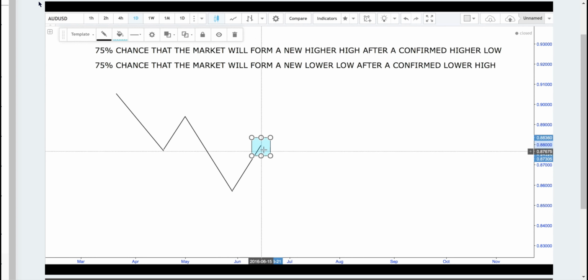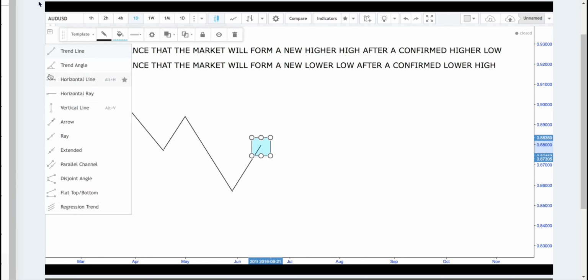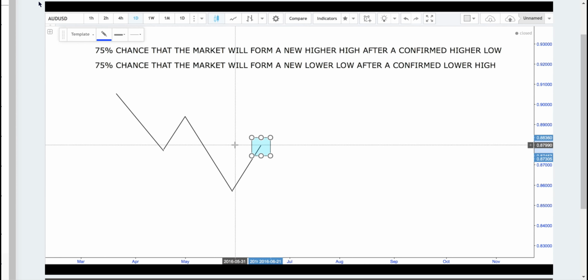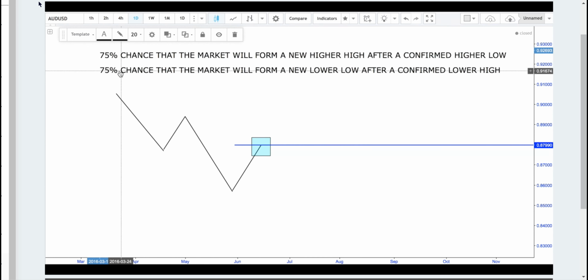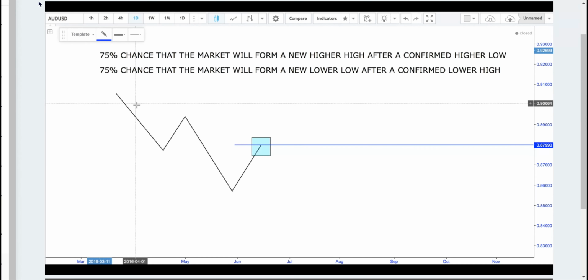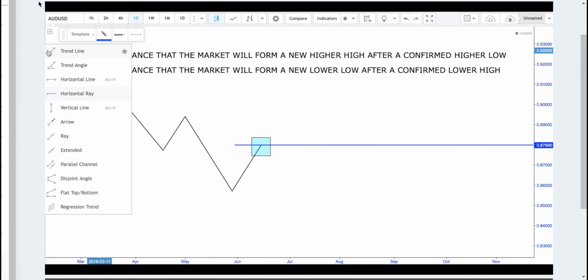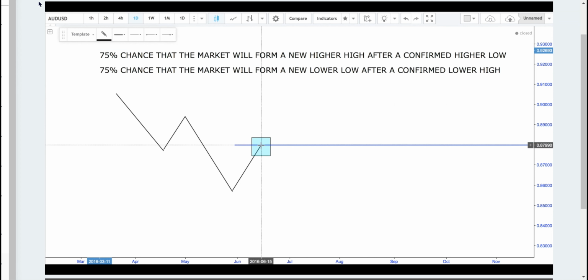It could be any kind of reversal formation in alignment with a key level of resistance. There's a 75% chance that the market will form a new lower low after a confirmed lower high. So if this is a confirmed lower high around here, again at resistance, and you've confirmed it by knowing your candlesticks, candlesticks are going to come in very handy.